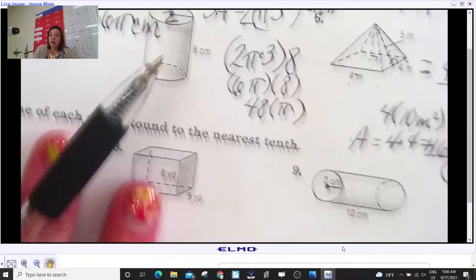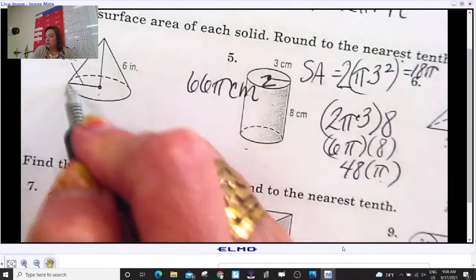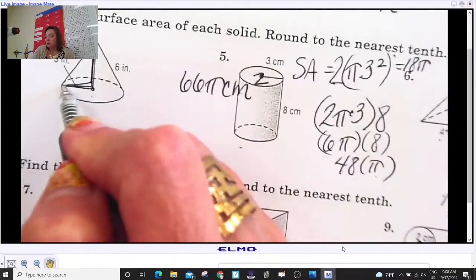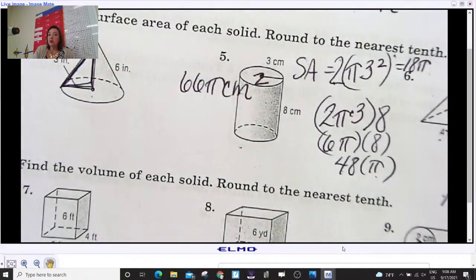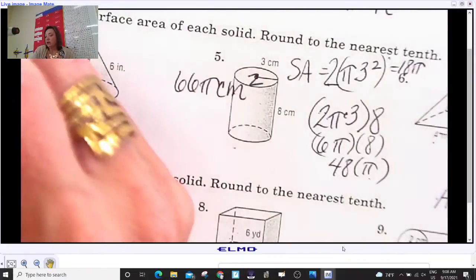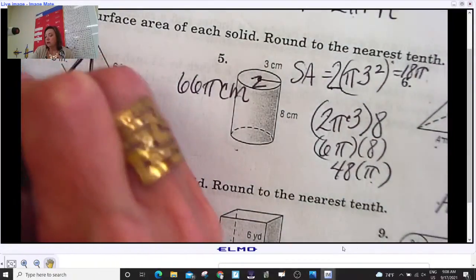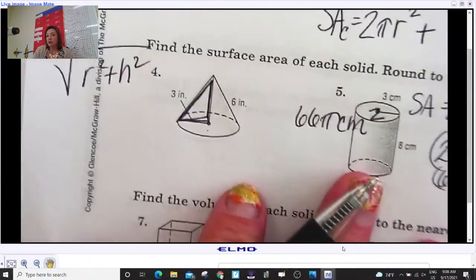If you look at this shape right here, do you notice this? What is that? It is a triangle. What kind of triangle? Right triangle. So in that formula, you know how you had this right here?